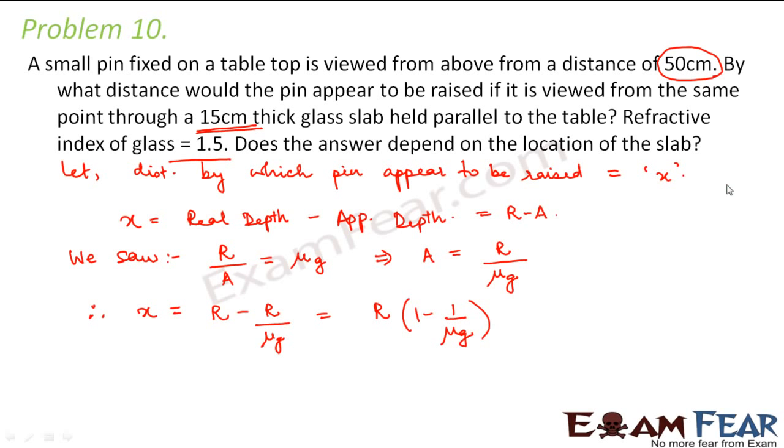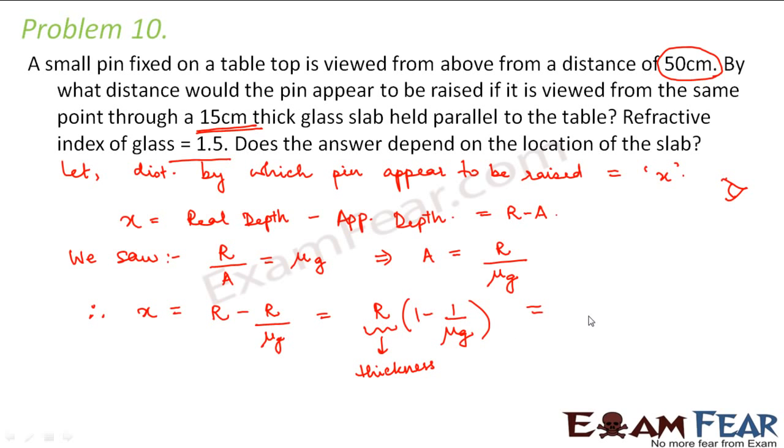Please compare it with the scenario which I showed you in real depth, apparent depth, that is the fish example. There the eye was located somewhere here. So how far the eye is located from the object really doesn't matter. What matters is the amount of water or the thickness of the water which is present there. So here r is nothing but the thickness of the slab which is introduced.